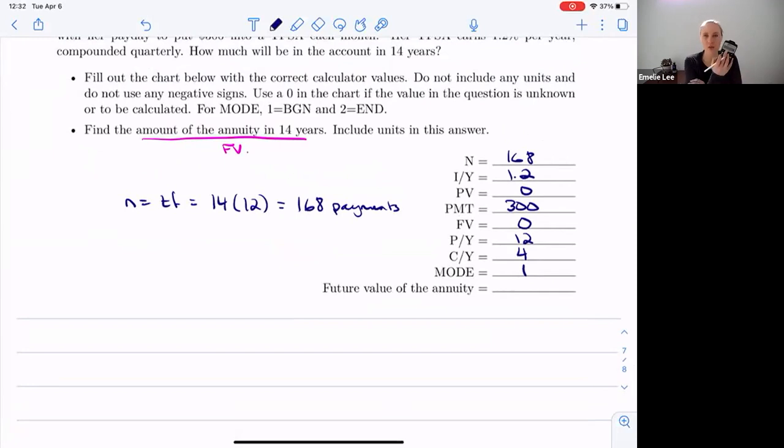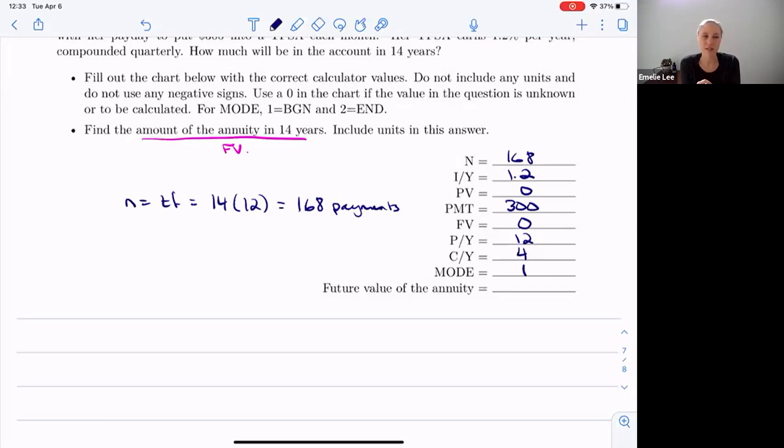Now this one I'm just going to do on my calculator on the side here. So 168 for N, 1.2 for the interest per year, 0 present value, 300 for the payment amount, and that should be negative technically, right? Because she's making these payments.